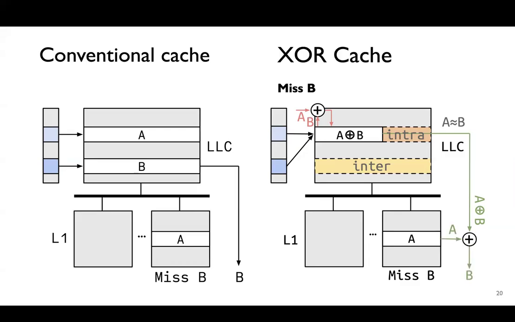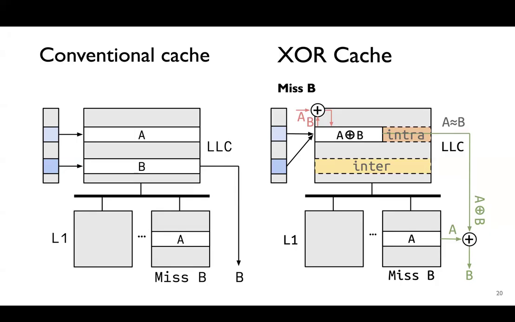So in this specific case, the requester of B shares a copy of line A, so it reads out A to perform a bitwise XOR again to reconstruct B locally, and the miss is serviced. This is the high-level overview of XOR cache compression and decompression operations.